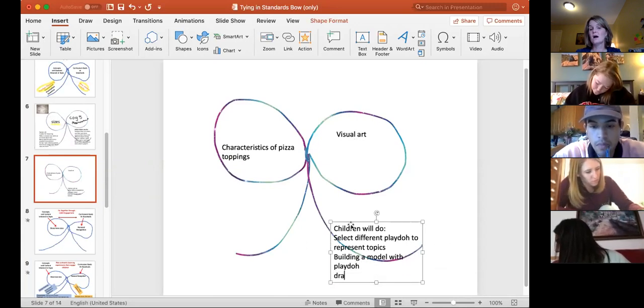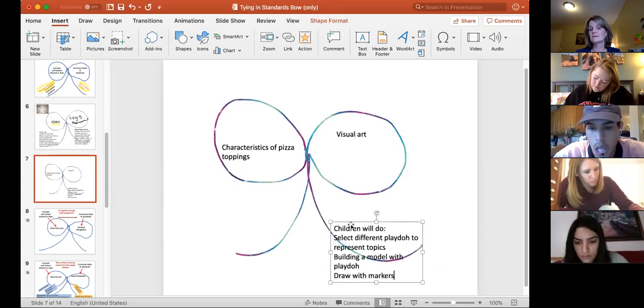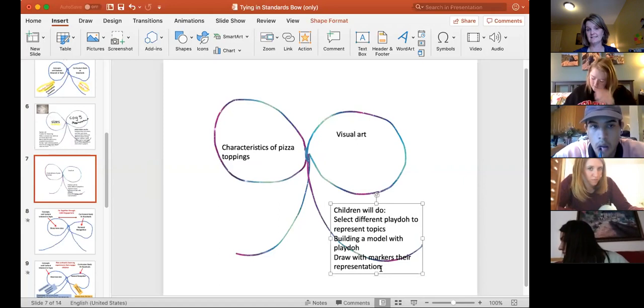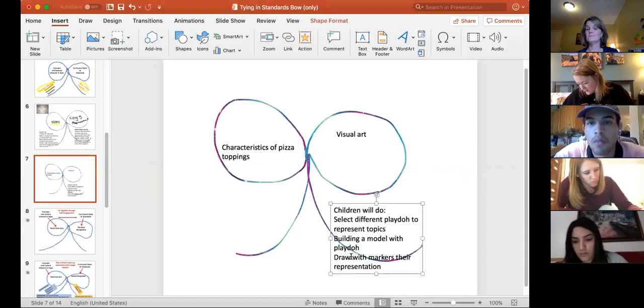They might draw, with markers, their representation. So that would work. Now, if you wanted to make sure that you're focused on characteristics, you could even have them label, whether it's their Play-Doh model or their representational drawing.